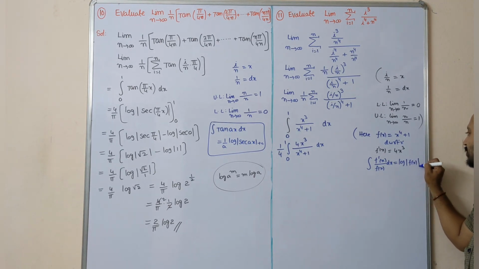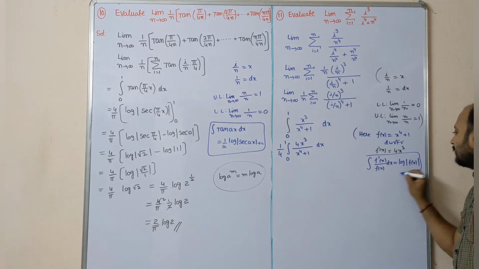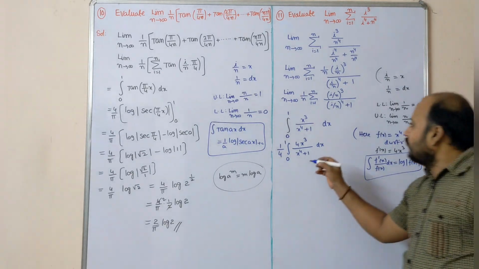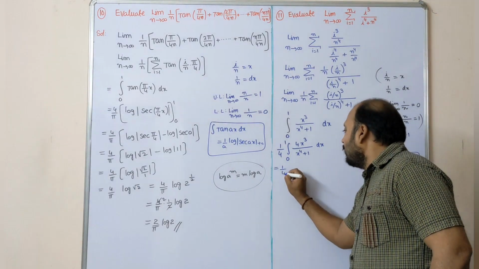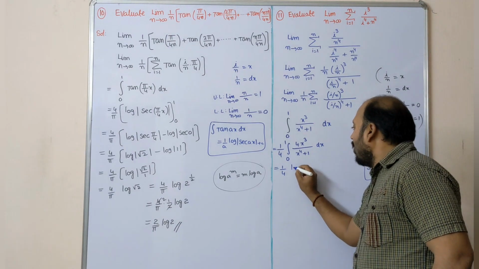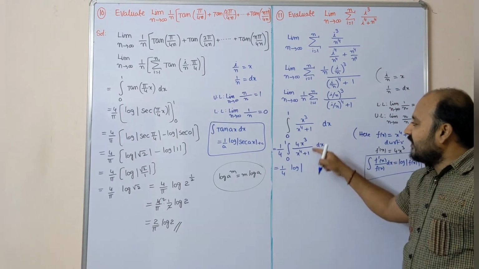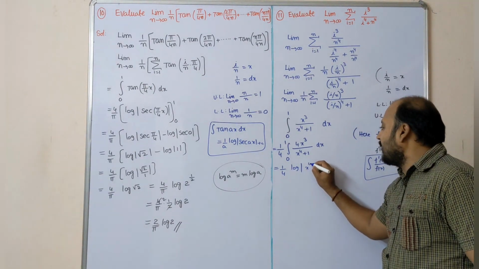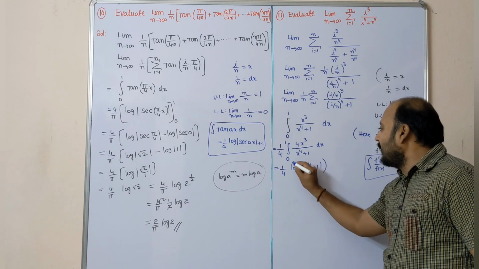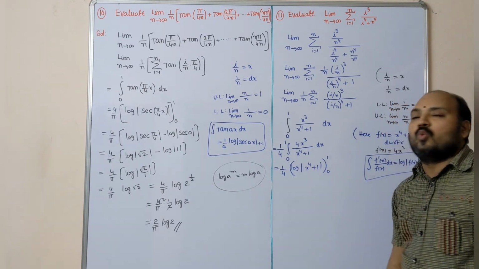This formula we are going to apply. So now 1 by 4 log mod f of x, that is x power 4 plus 1, applying the limits 0 to 1.